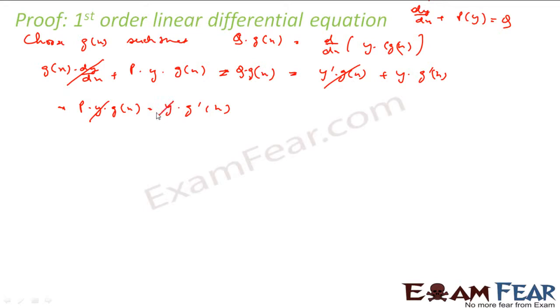Y also cancels. Correct? Or I get P as g dash x by g(x).